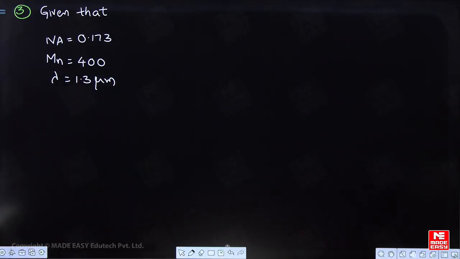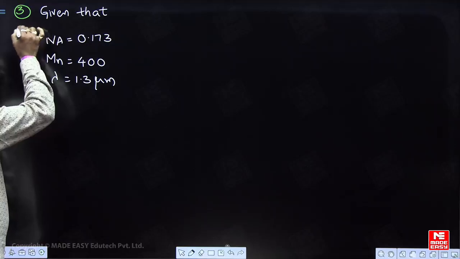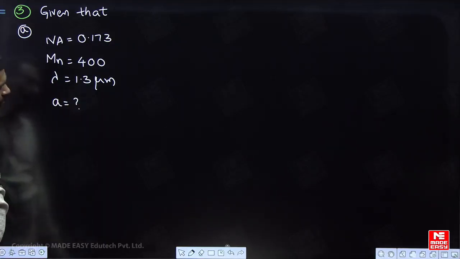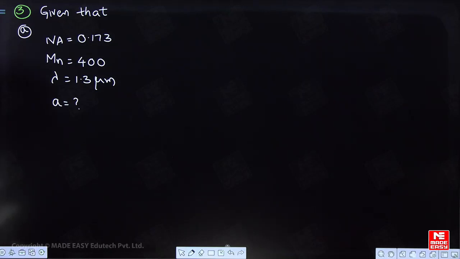Part A asks for the core radius, that is, A is equal to how much? Students, we know that this fiber is a multimode fiber.